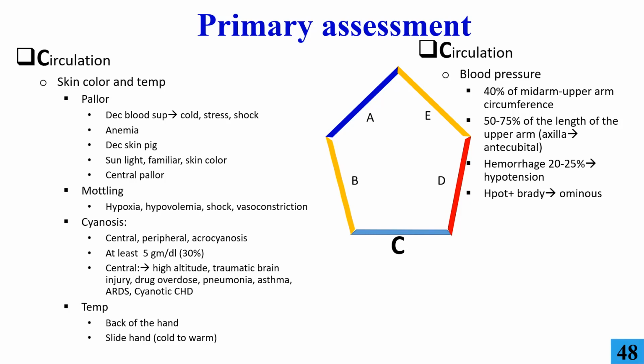So please, when you measure the blood pressure, use the mid-arm circumference, and the cuff should be 40% of the mid-arm size, and also it should be 50 to 75% of the length of the upper arm. Now, not all the time will you find it, but you should realize that your measurement might be wrong. However, even if it's wrong, the trend is not wrong. So let's assume, who's with me right now?